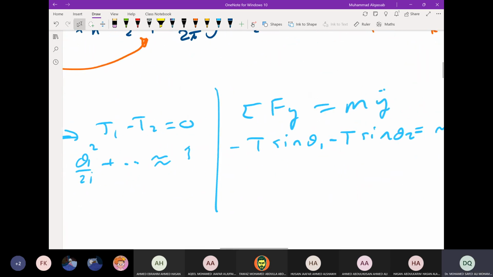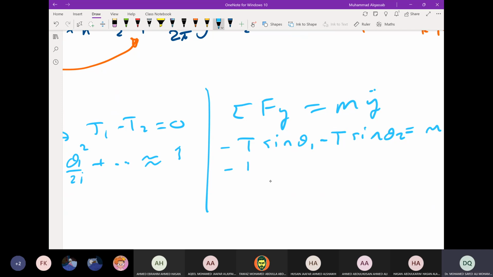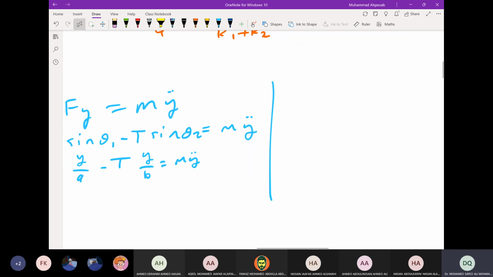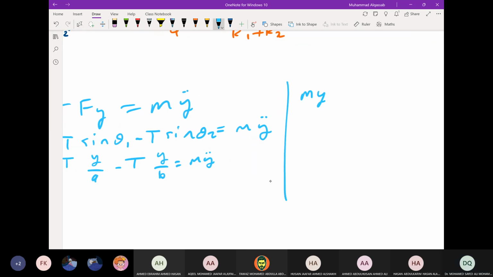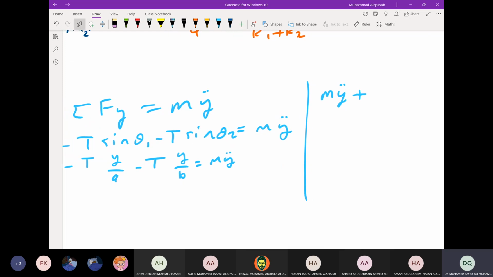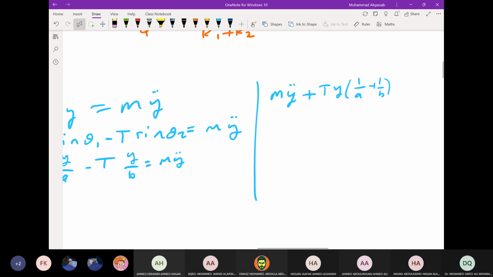Okay, so you can substitute for sine theta 1, y over a, minus T times y over b, equal to m y double dot. So you are getting an equation for y. I will take this to the other side. The first two terms, I can take Ty as common. So this becomes Ty multiplied by 1 over a plus 1 over b equal to 0.